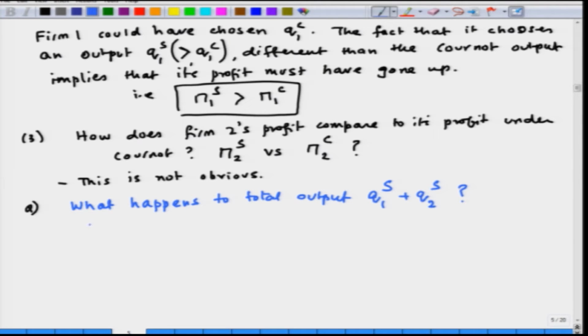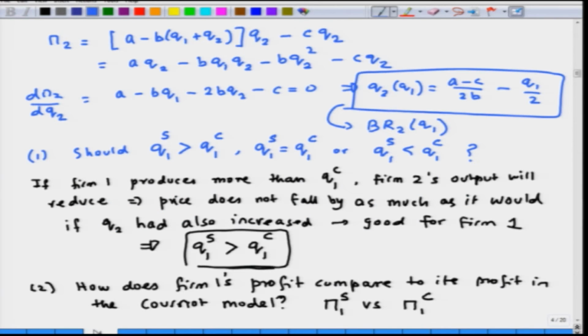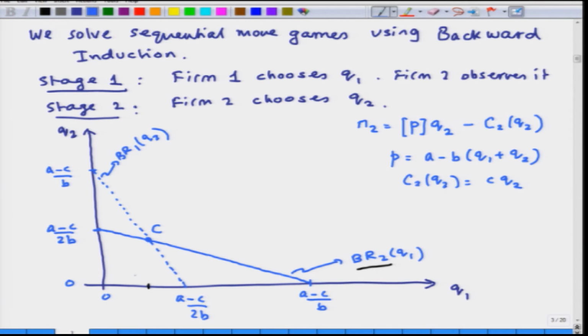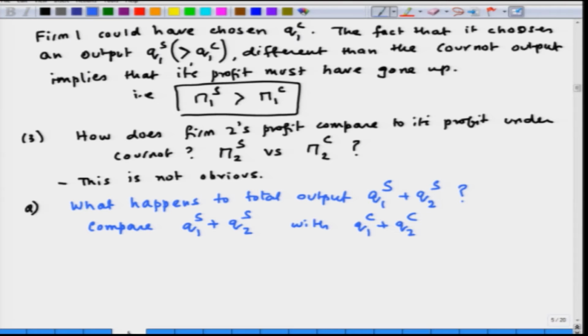So, we want to compare Q1S plus Q2S with the total output under the Cournot model, which we already know. The total output under the Cournot model is essentially Q1C plus Q2C, right. So, these are the Cournot outputs. Now, we want to ask what happens to the total output. Again, this is not very obvious.